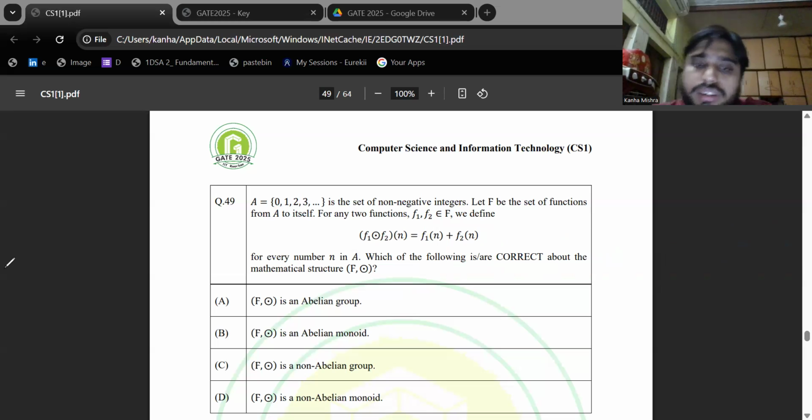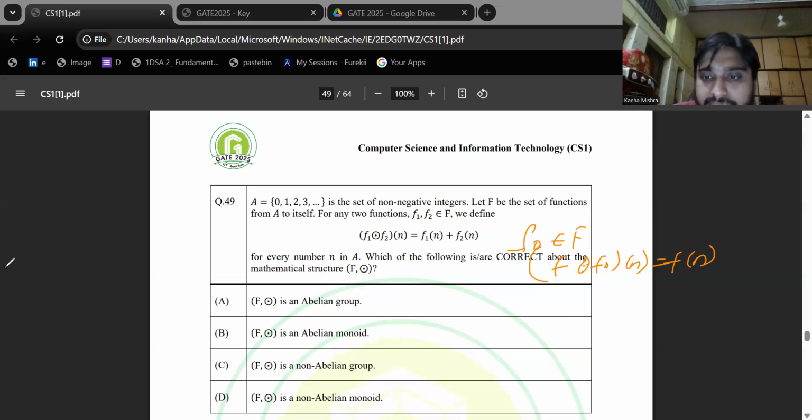Identity element. We need an f naught belonging to F, where f ⊙ f naught of n is equal to f of n. For that, f naught of n is equal to 0 for n belonging to A, the zero function. This clearly belongs to F and satisfies the given property.